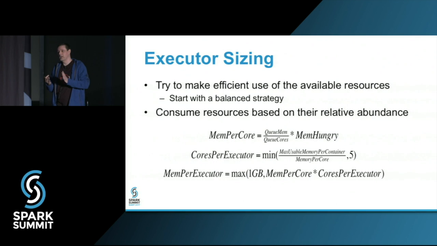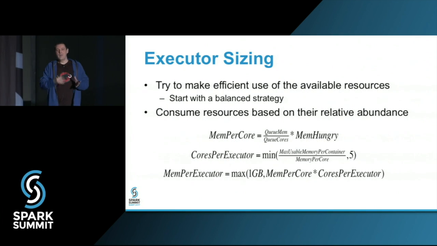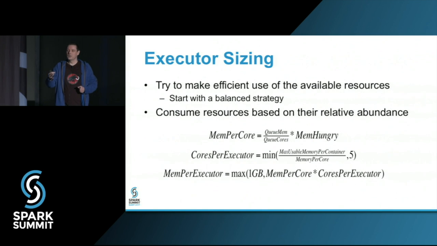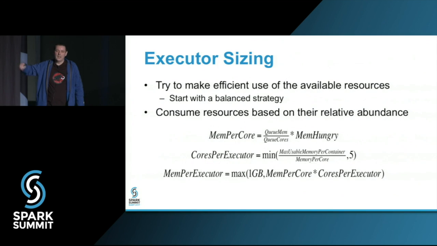And that makes sense, right? You don't want to use all of the memory for a single executor and then be computationally constrained. Nor do you want to throw a lot of executor cores at the problem and find that you've overwhelmed them because they have insufficient memory to actually do anything useful. And so let's start with a balanced strategy.